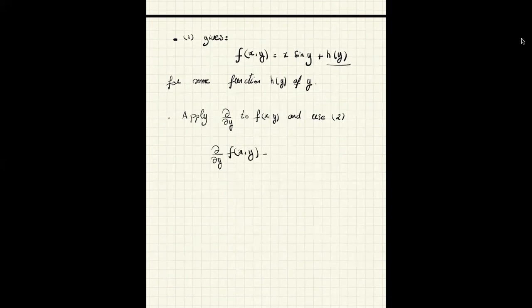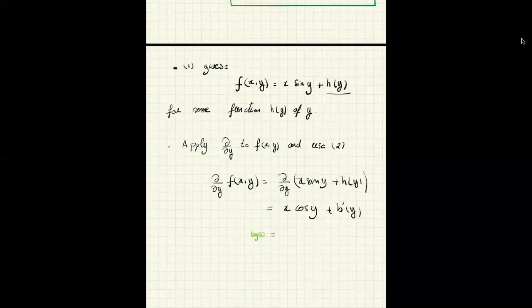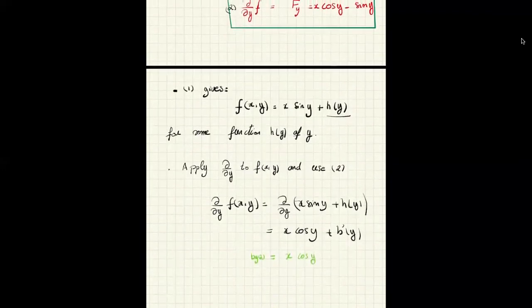So when I apply it to f, it gives del y of x sine y plus h(y), which is x cos y plus h prime. Okay, I'm going to change the color. This is equal, by the second equation, to x cos y minus sine y.